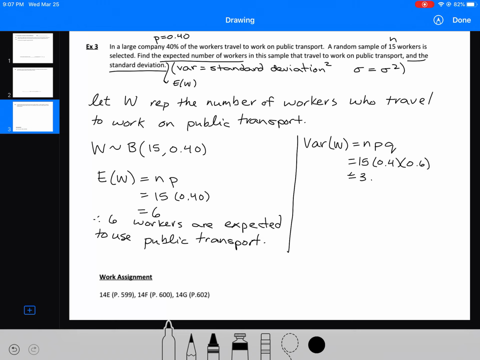And this is going to give us 3.6. From there, the question's asking us to find the standard deviation of the distribution, which is going to be the square root of our variance, which is approximately 1.9.